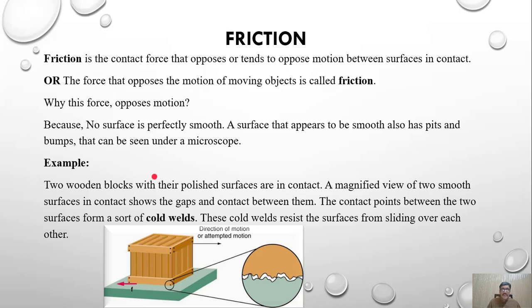Why is it happening? Because if you see your finger under the microscope, you will see big gaps, pits and bumps, because the skin of our finger is also not perfectly smooth. It just appears smooth.